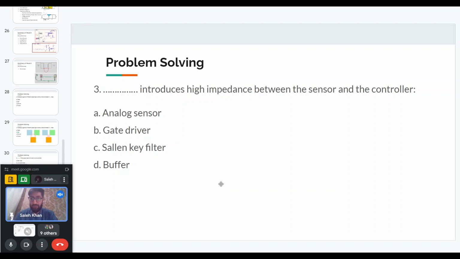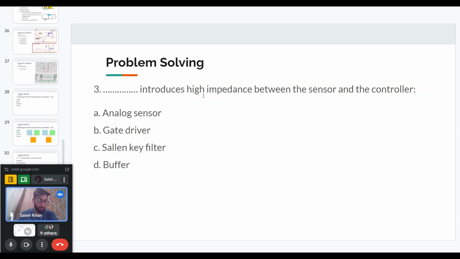The third question is, which of these introduces a high impedance between the sensor and the controller? Whether it is the analog sensor, a gate driver, a Sallen-Key filter, or a buffer. So we talked about this briefly, but a buffer can be used between two components as part of the interfacing circuits. It can have multiple benefits or uses.